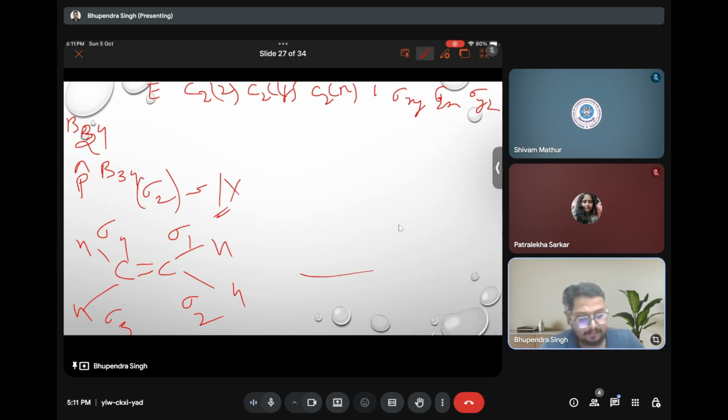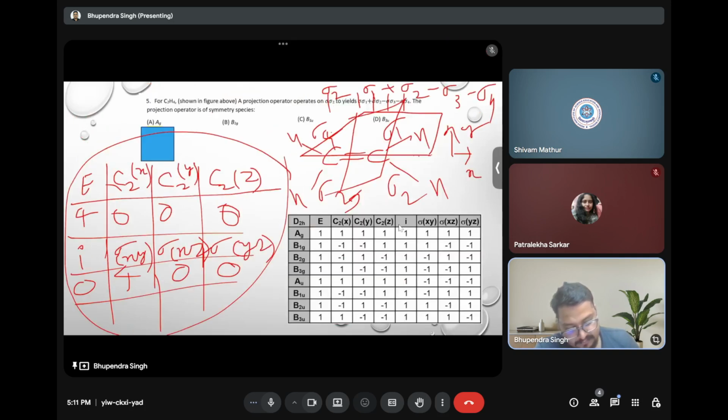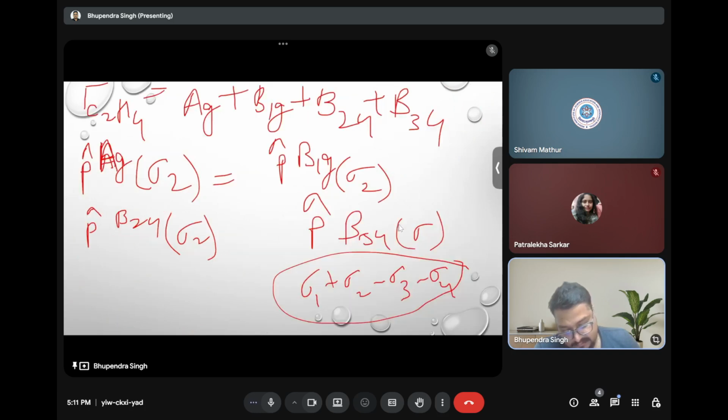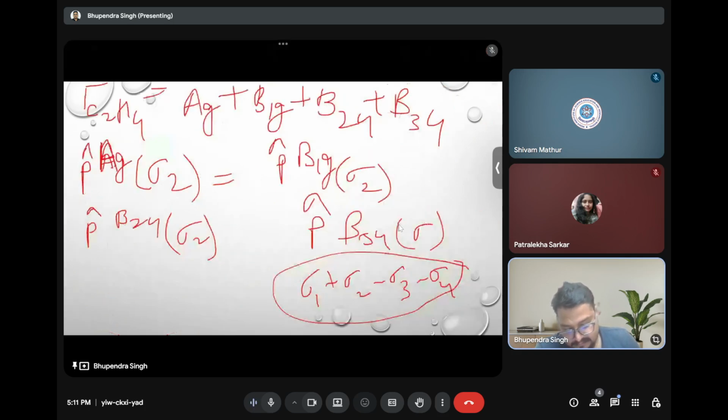By applying E, what will happen to sigma 2? Nothing will happen, so sigma 2 will remain sigma 2. Then minus 1; this minus 1 is coming because of sigma z. We are multiplying with these characters, and all of these others are 1, so we don't have to multiply, because it will not change.